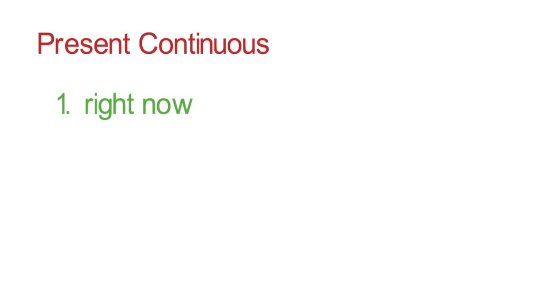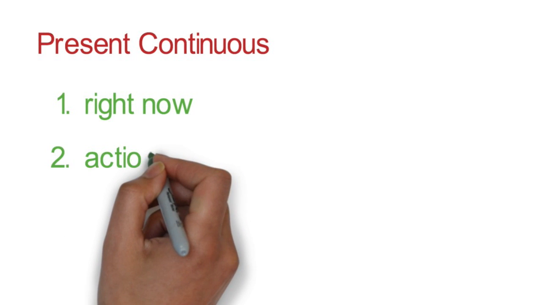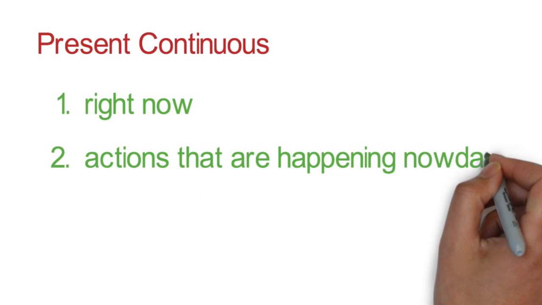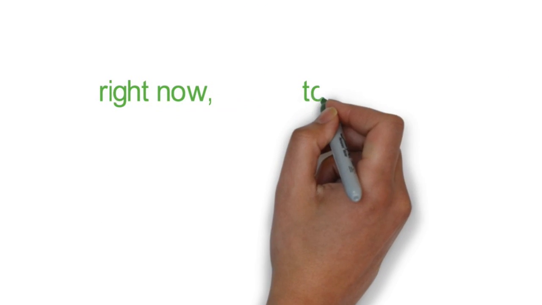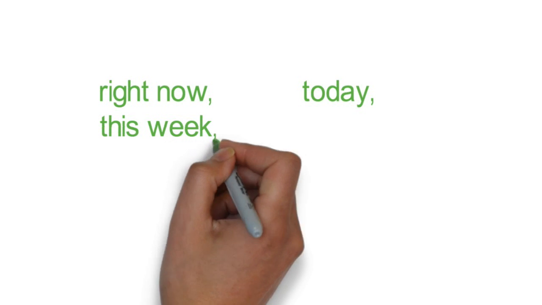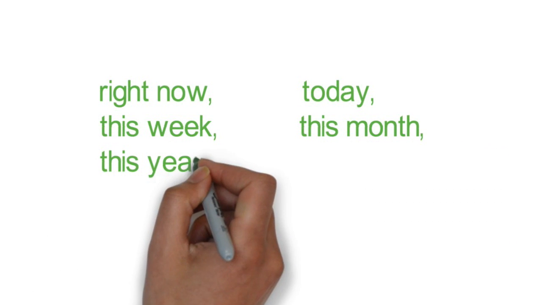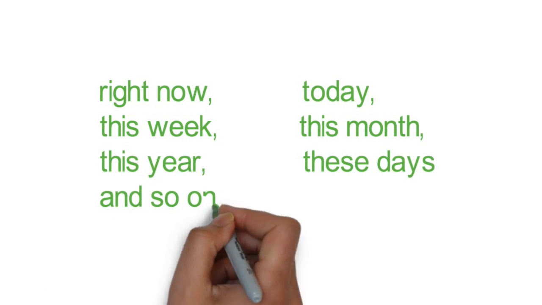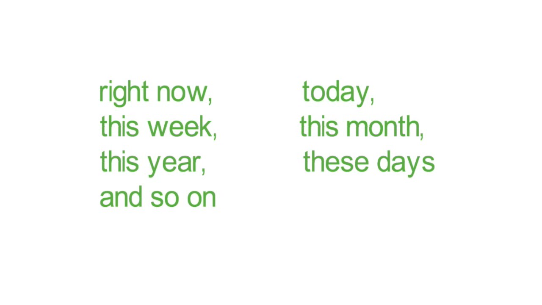We can also use the present continuous tense to talk about longer actions that are happening nowadays. This means they are happening right now, or today, this week, this month, this year, these days, and so on. I would just like to discuss how to make present continuous questions in this video.